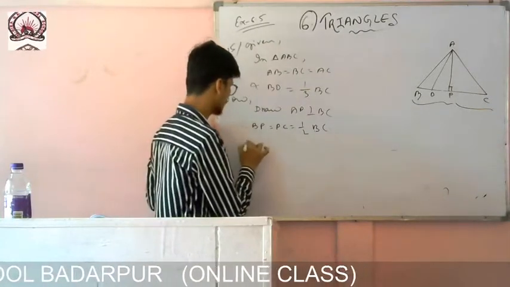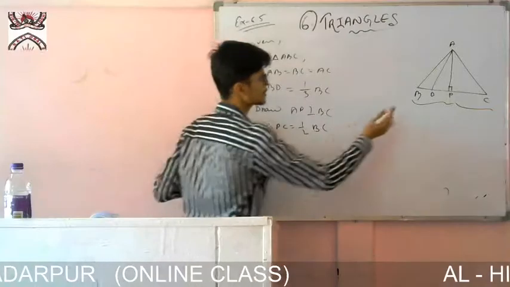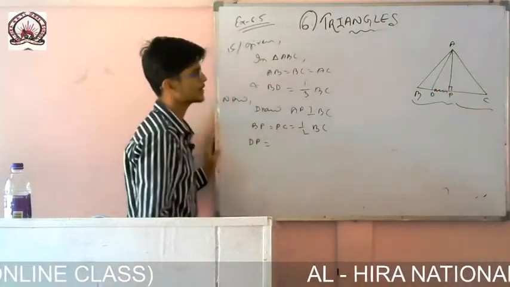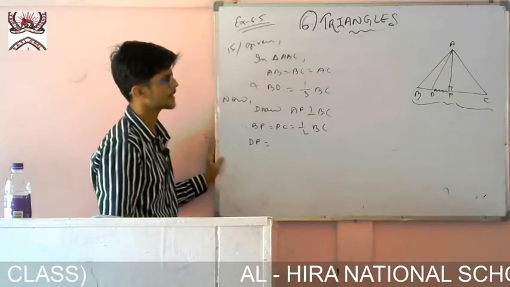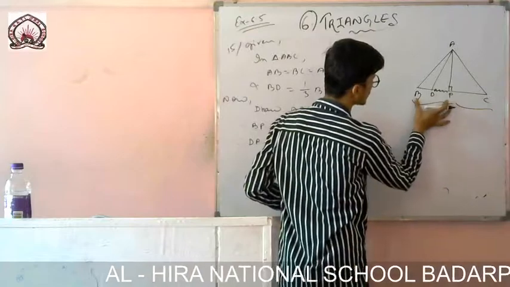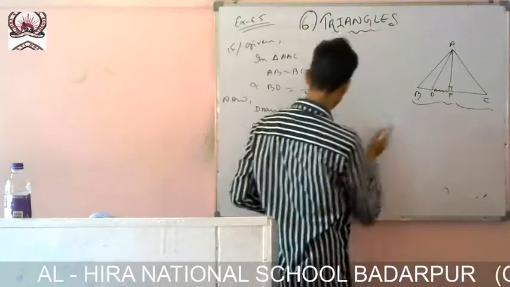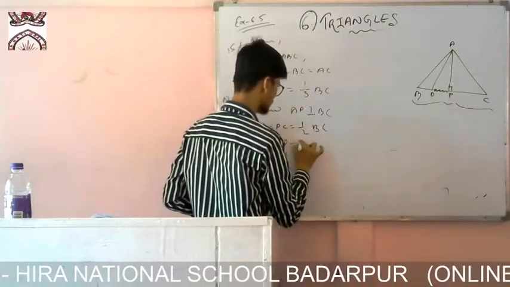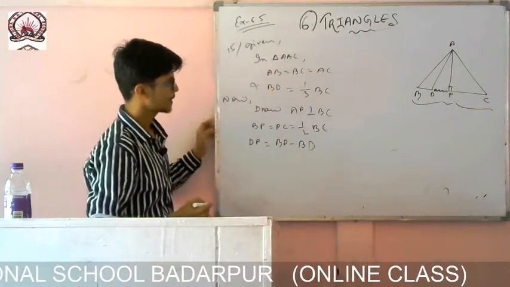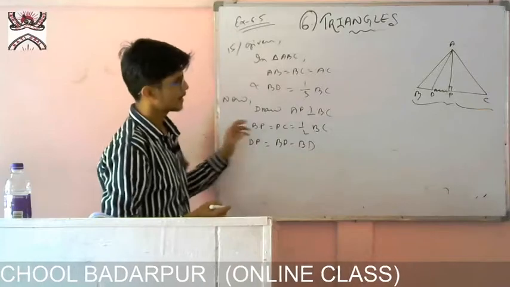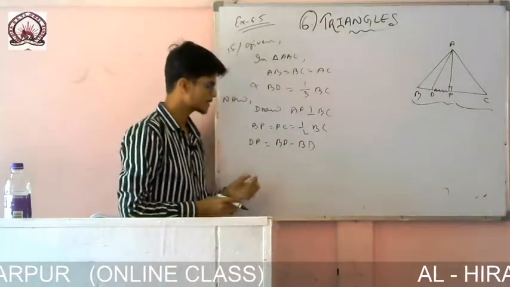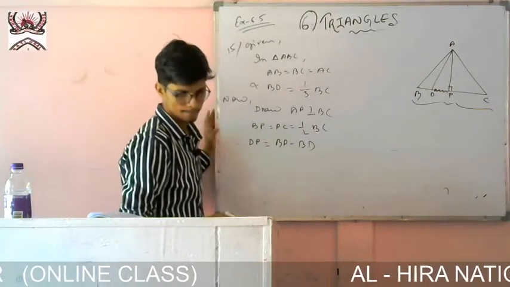And what will be DP? If I want to find this part only, then I have to write BP minus BD. Because later on I will take this triangle, that's why I am finding it. So DP equals BP minus BD.